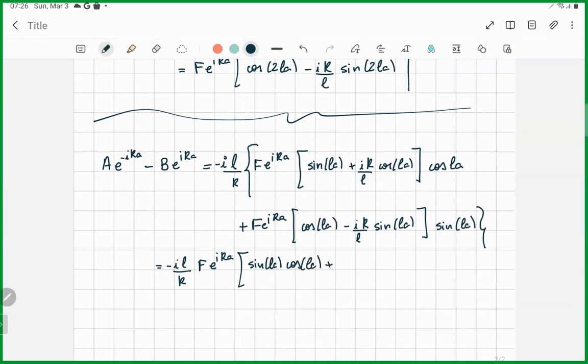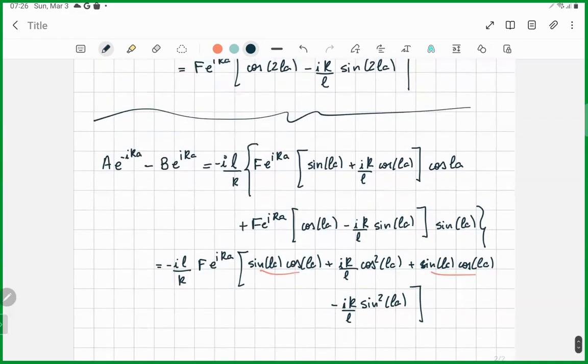We have plus ik over L cosine square. We now have from this equation, from the bottom, we have plus sine and cosine. You see that this and this are equal. And then we have this last term, so it's going to be minus ik over L sine square.